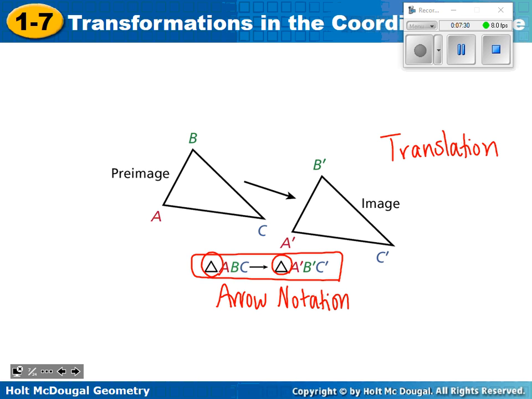So to name this, I could say A, B, C, D, but I don't put a shape in front of it. Okay? You cannot name it A, B, D, C, because then that would not create the shape, right? So make sure that you always go clockwise around your shape when you're naming your shape.